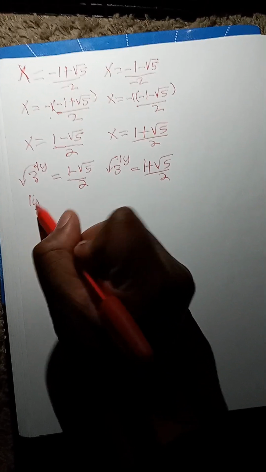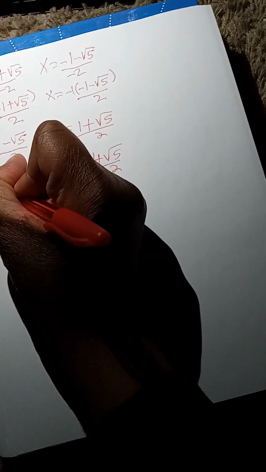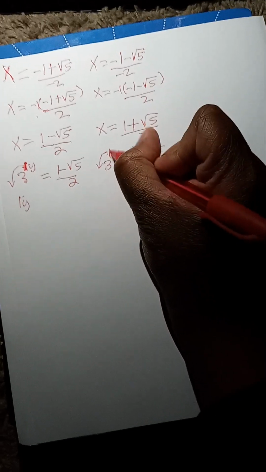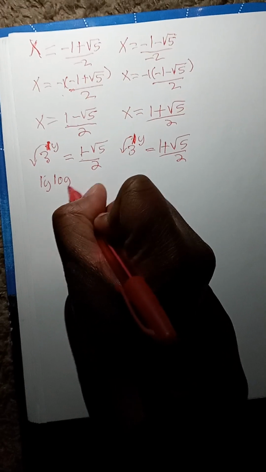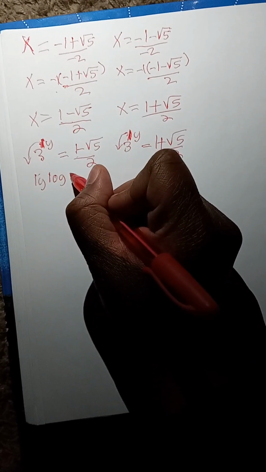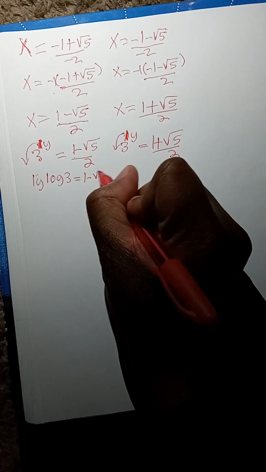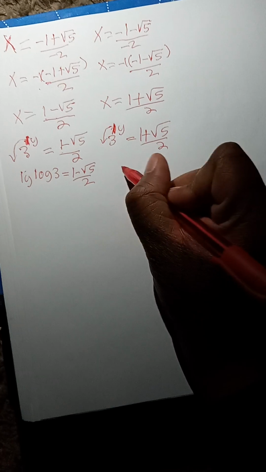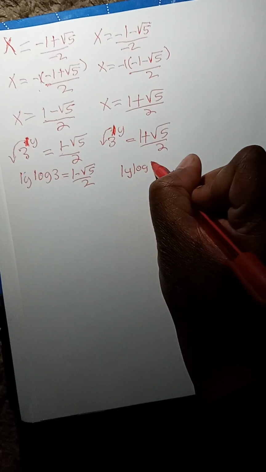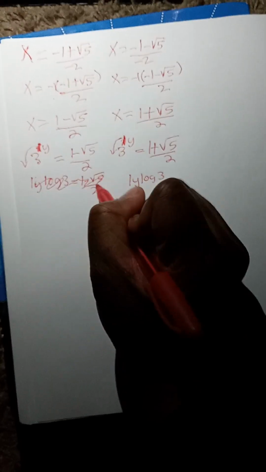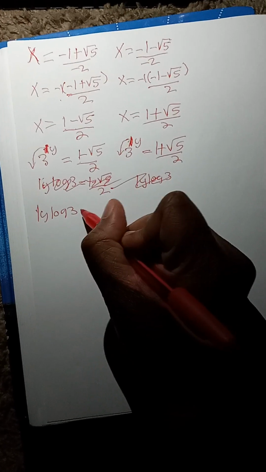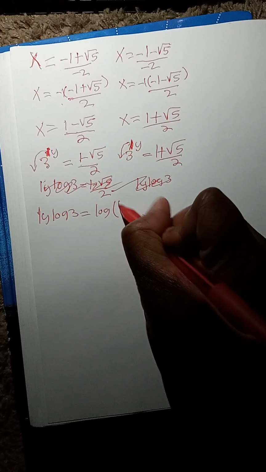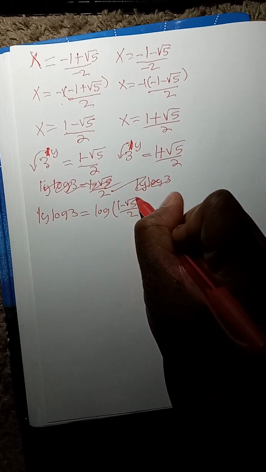So y log 3 is equal to log of 1 minus square root of 5 divided by 2.